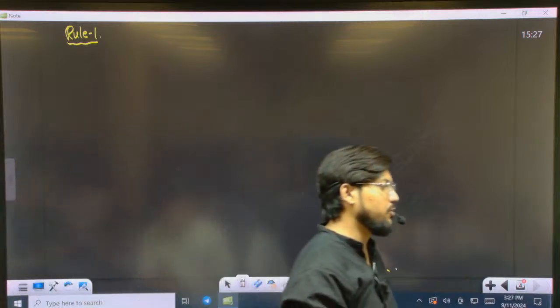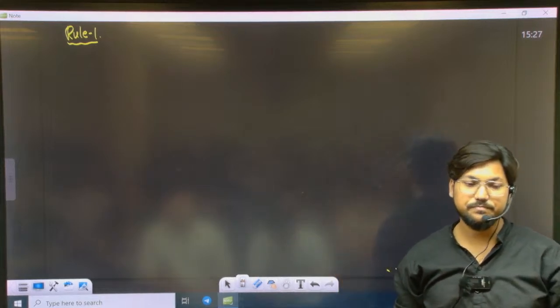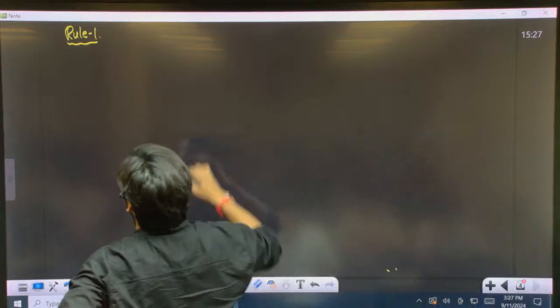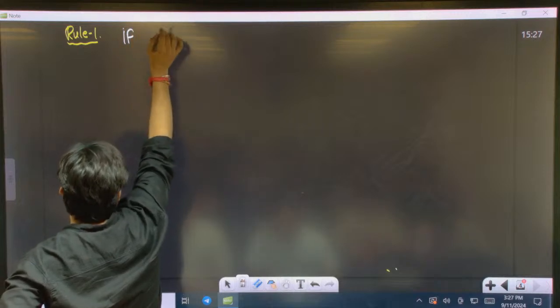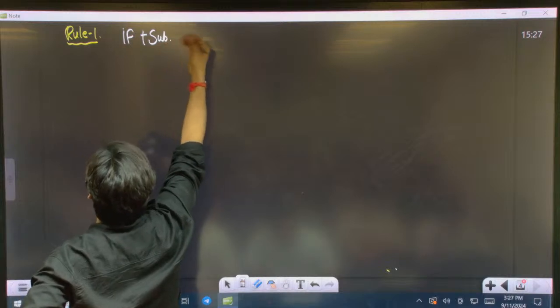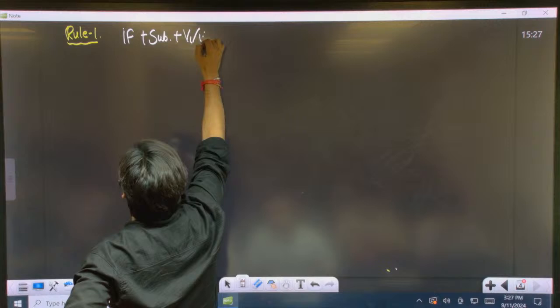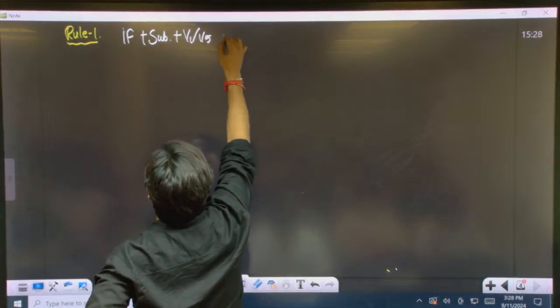Then you will be able to solve all the questions which have been given in the PDF. Rule number one says, if you are starting your sentence with if, which is a conditional sentence, then you use your subject, which can be anything, but always use V1 or V5. If plus subject plus V1 or V5.